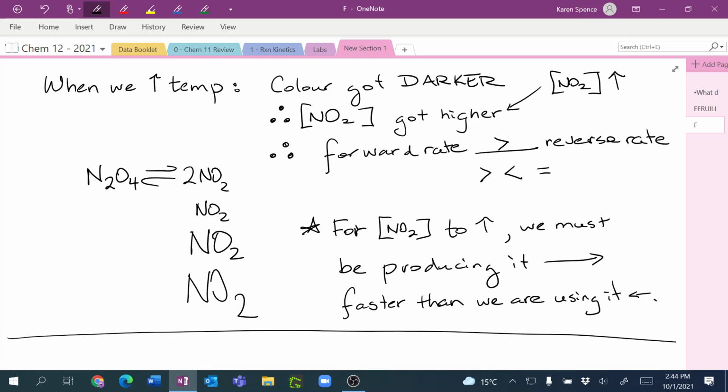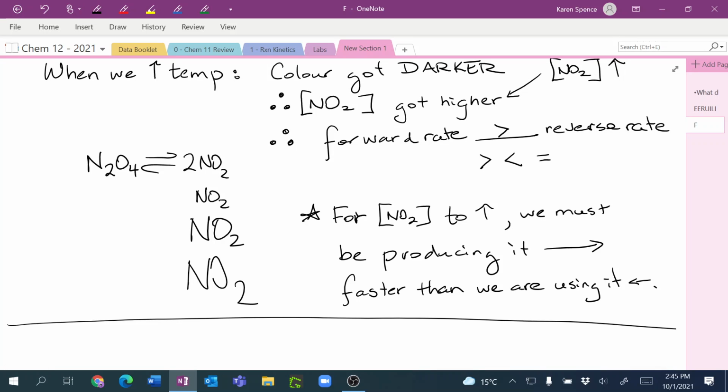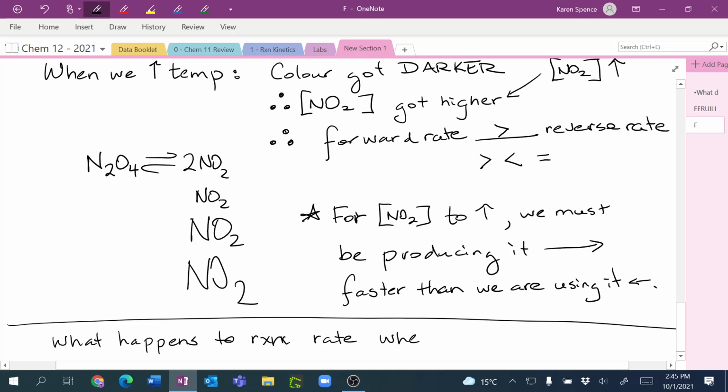Now we're going to go back to reaction rates for a moment, and we'll do like a little review. One of the things that you might need to know for next week's test. And that is what happens to reaction rate when we increase temperature, and why.